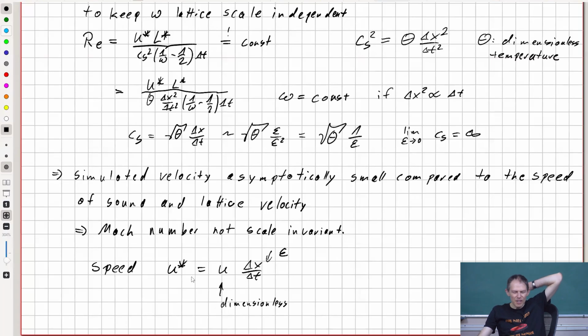For the physical speed, this delta x is, of course, the length scale that you have given to delta x, and dt is the time step that you have given. So that's the translation factor. This here is in lattice units. This here is in physical units. Is that okay?